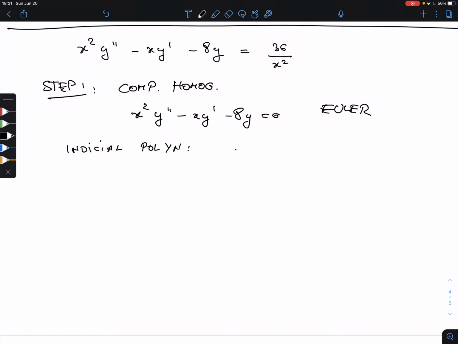So that would be t times t minus 1 minus t minus 8 equals 0. So that is t squared minus t minus 8 equals 0. So it's t squared minus 2t minus 8 equals 0.